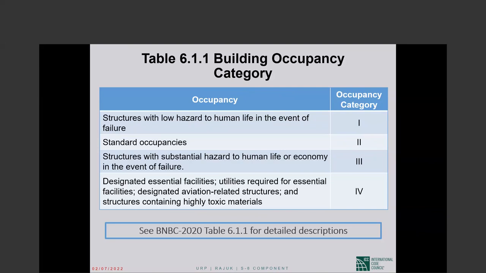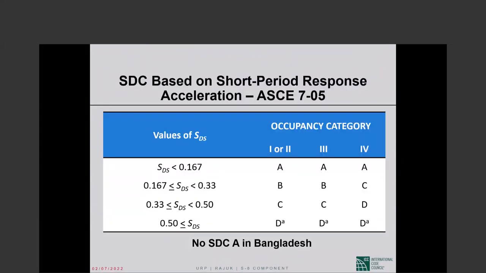And 2 are standard occupancy buildings, the apartment building, the office building, all of those is occupancy category 2. Okay? So occupancy categories 1 through 4.